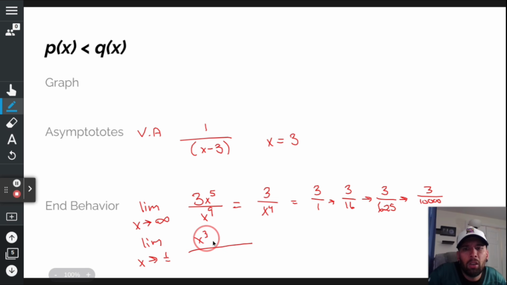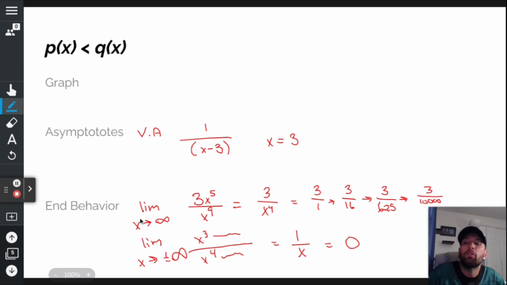If I had x to the third up here and x to the fourth down here, whenever your x is more dominant in the denominator, you are always going to hit 0 when your limit approaches either infinity. So that's the end behavior.